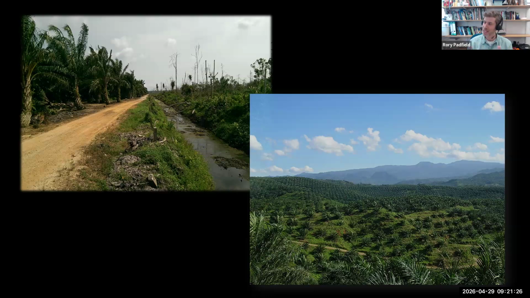The media will often pick on some of the big charismatic mammals such as orangutans, but of course there's plenty of other ecology, flora and fauna that's affected by this land use change when it comes to palm oil. We hear less about it, but worker exploitation is another issue that comes to mind. Mismanagement and corruption, which, let's face it, is ubiquitous across the world in all sorts of different industries, not just palm oil. But those are some of the critical representations of the industry.